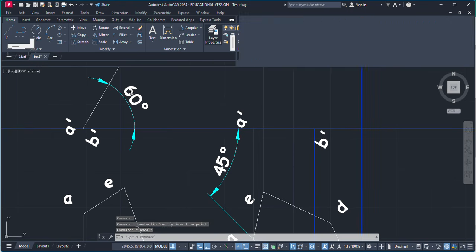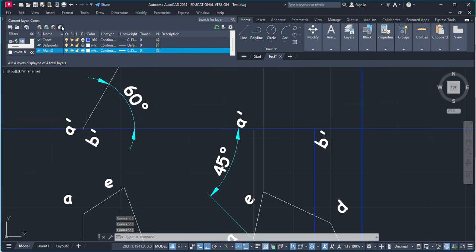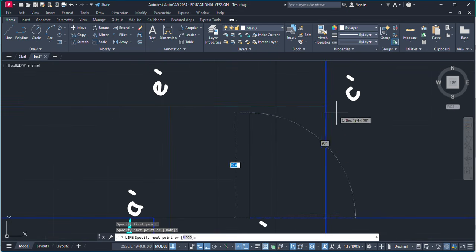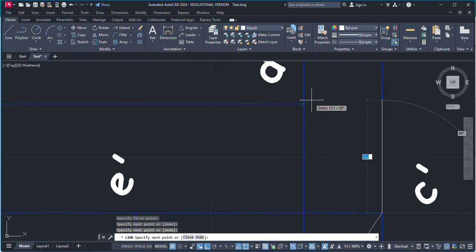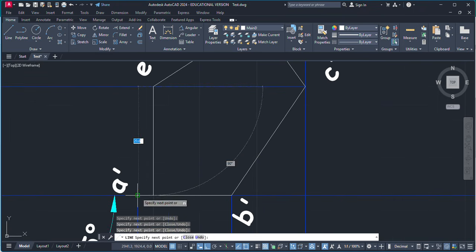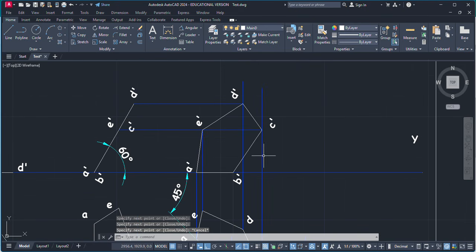Now you have to connect these points. So this is A dash, B dash, C, and A. So this is our resulting plane, the resulting front view.